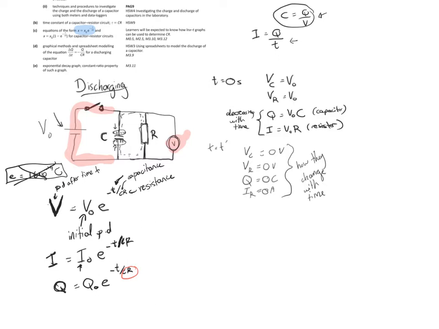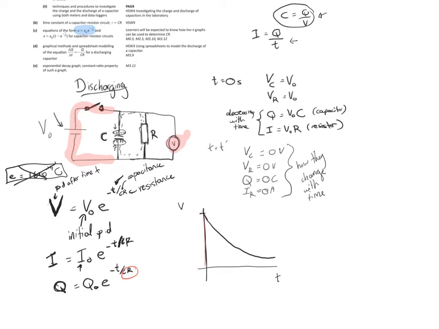So you can also show this graphically. They will all look the same as a graph. Obviously, the values will be different because you can't have the same voltage, current and charge. They vary. So graphically, for example, it will look like this for a voltage against time graph. This is an exponential decay, and I'll explain that in a bit. It can be drawn as a line like this.